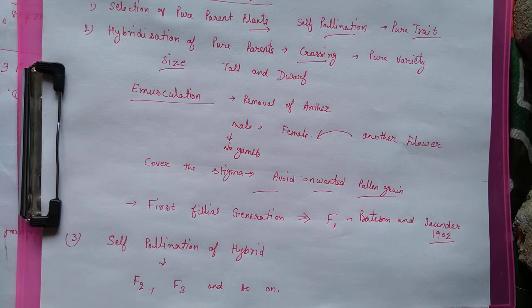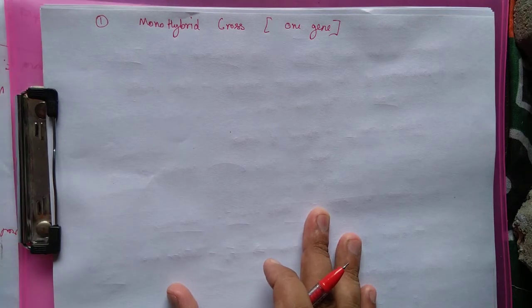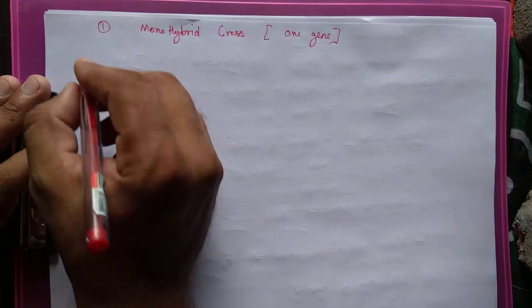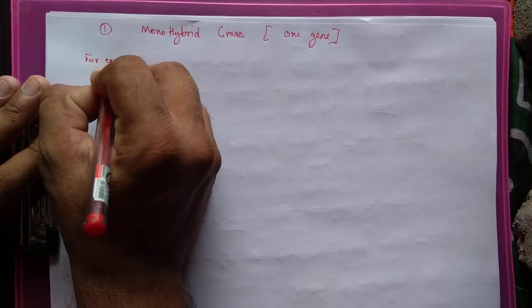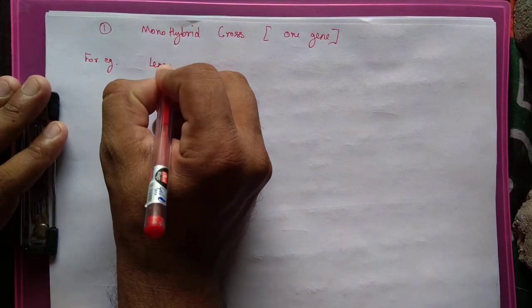Monohybrid means a hybrid which has only one gene. We are taking here the example of one gene only. We perform the first experiment, that is monohybrid cross. In monohybrid cross, we inherit only one gene. For example, we selected length.